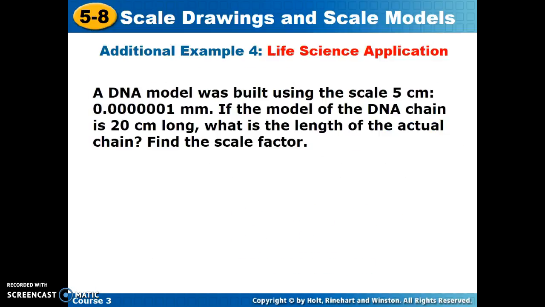Okay, another science question. A DNA model was built using the scale 5 centimeters to a lot of zeros, 1 millimeter. If the model of the DNA chain is 20 centimeters long, what is the length of the actual chain? Find the scale factor.